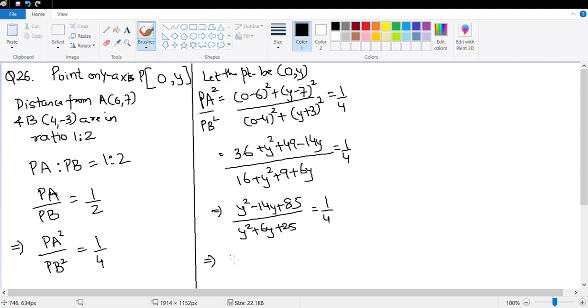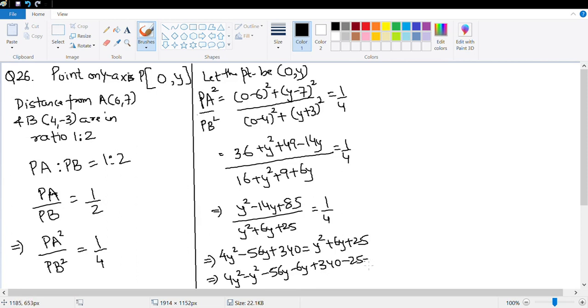Let's cross multiply. When I cross multiply, I get 4y square minus 56y plus 340. This is equal to y square plus 6y plus 25. Let's take everything on one side. So 4y square minus y square minus 56y minus 6y plus 340 minus 25 is equal to 0.